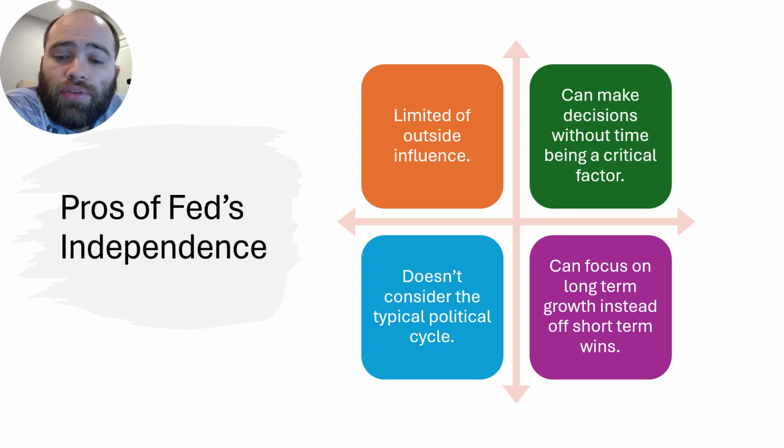They don't consider the typical political cycle very much. They know it affects it, but at the end of the day, they have a job to do that's not politically motivated all the time. And they can focus on long-term growth instead of the short-term wins, which in the long term, obviously, as it says, is what their goal is.